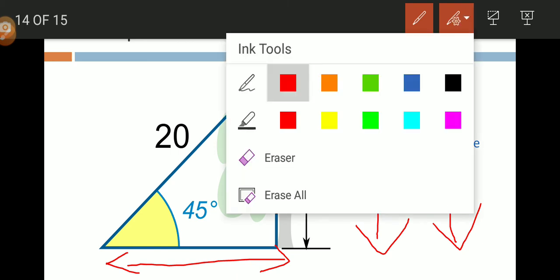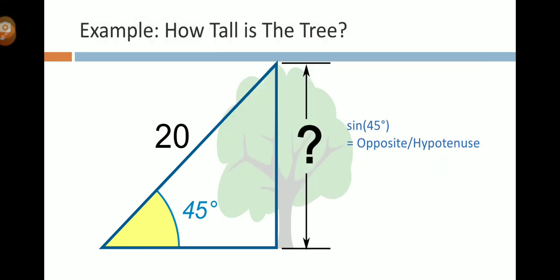In the previous slide we learned that sine is opposite by hypotenuse, cos is adjacent by hypotenuse, and tan is opposite divided by adjacent.